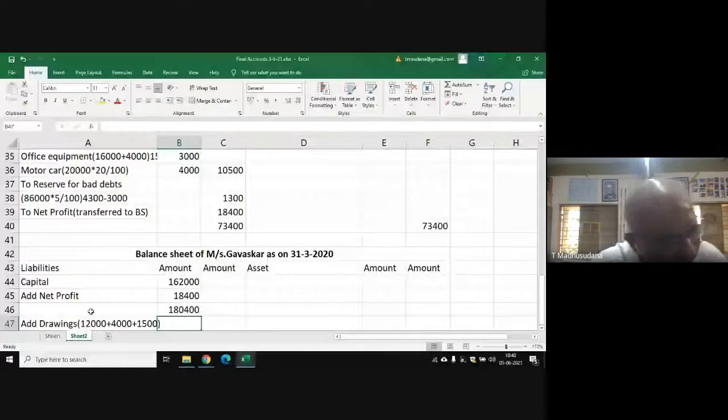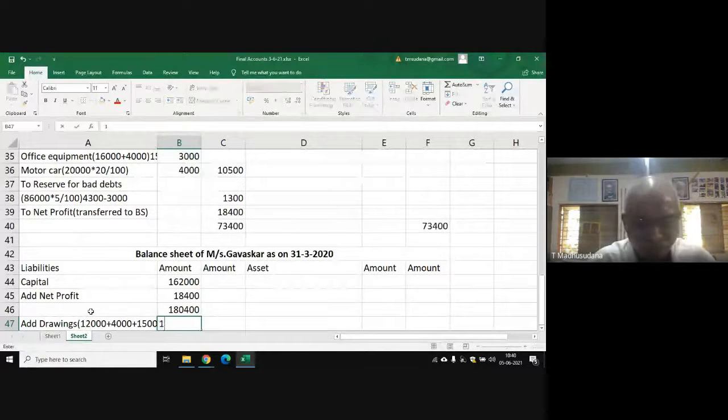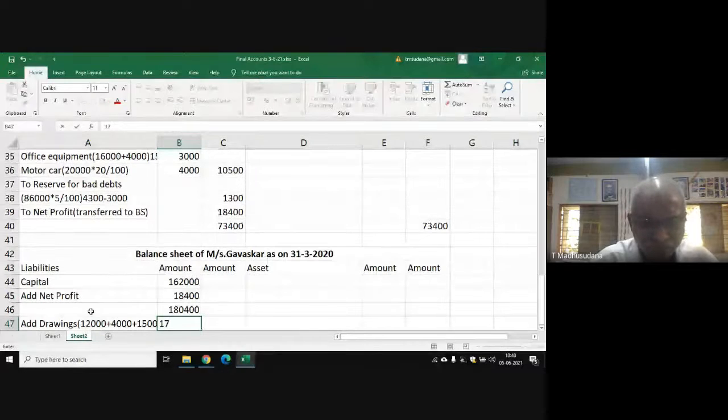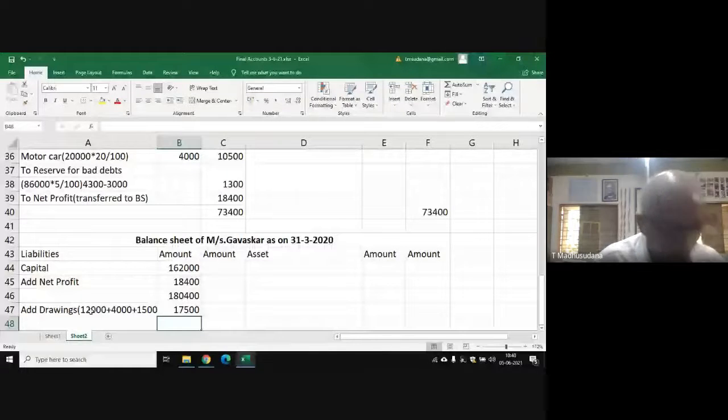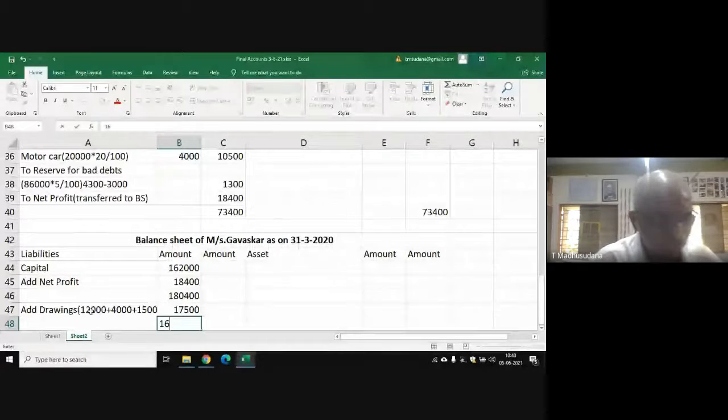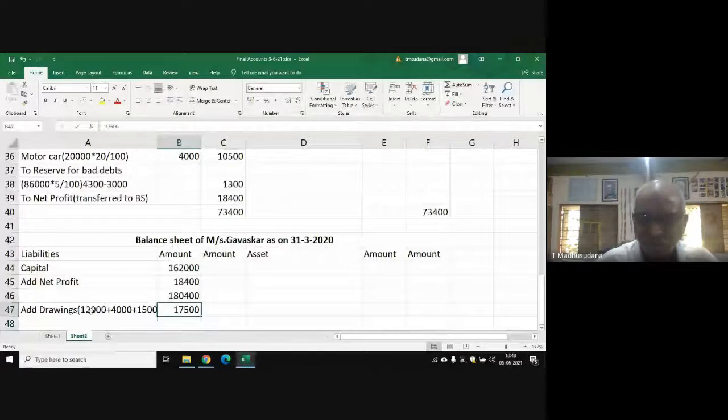The total drawings will be 17,500. The total amount is to be deducted. So net balance 1,62,900. This is shown in the outer column.